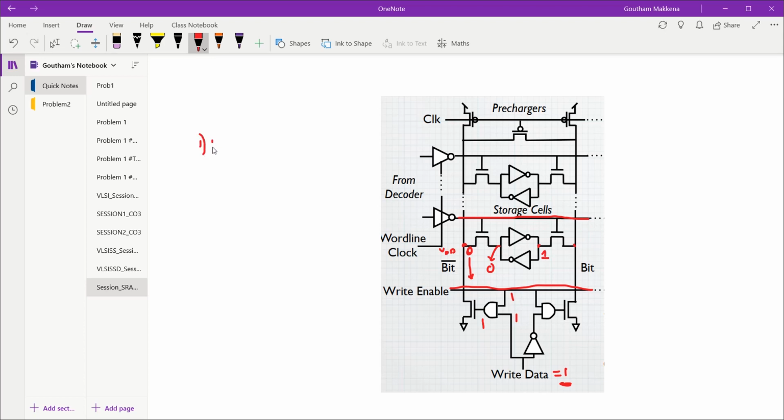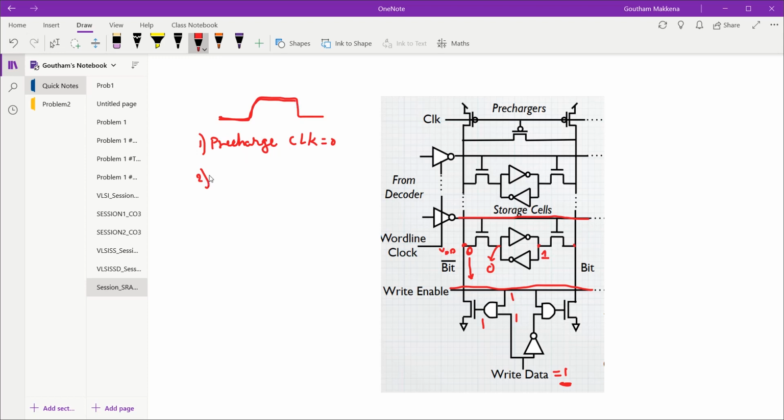the first event that takes place is pre-charge, be it write or read. This happens when clock is equal to 0. Usually the clock signal is something like this. Immediately after it is 0, it goes on to become high.